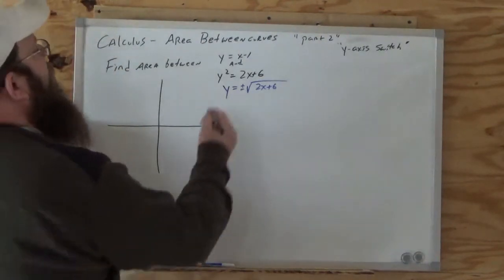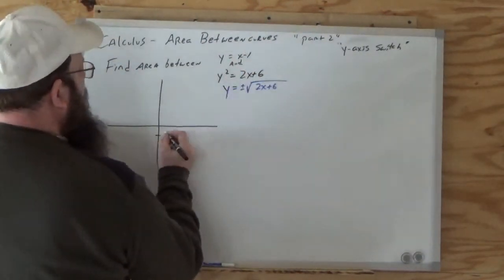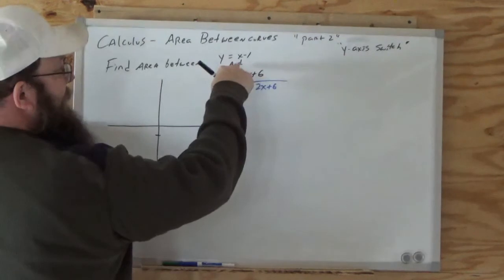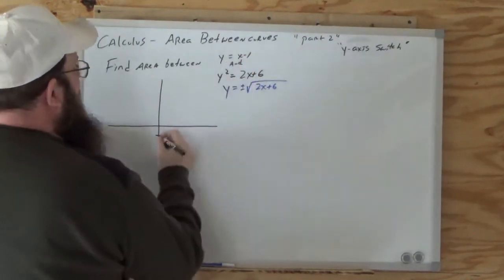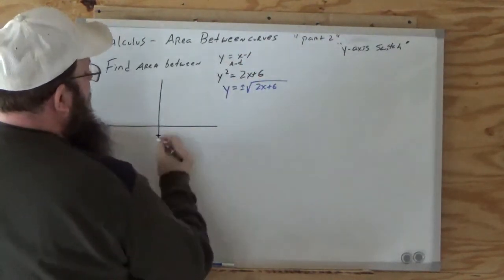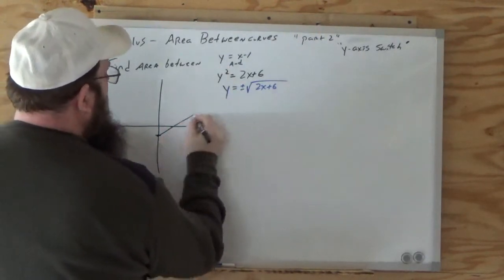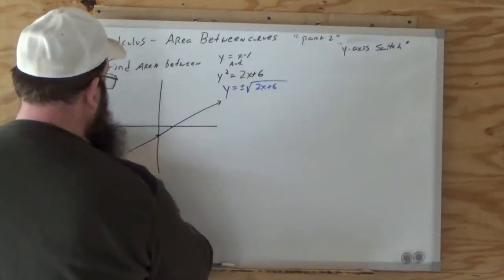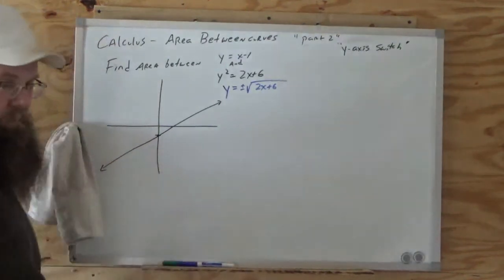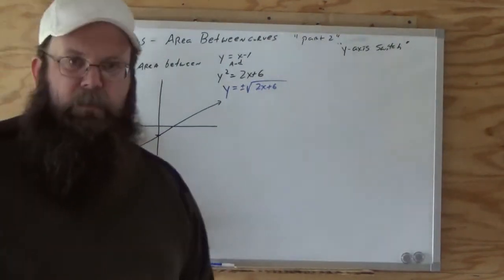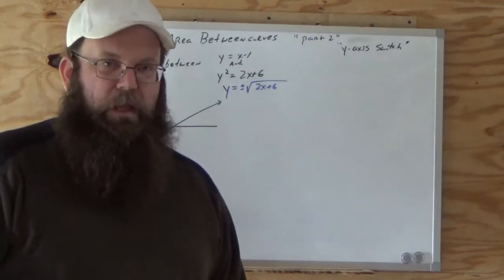Y equals x minus 1 is a simple line, y equals mx plus b, slope is 1, intercept's negative 1, boom, there's that. If I go over to 1, then it's going like this, right? It's a line, just a line.